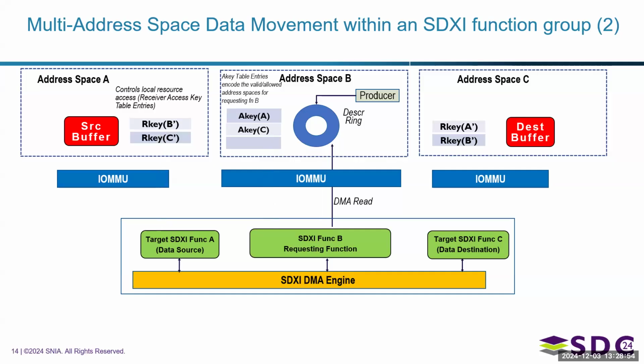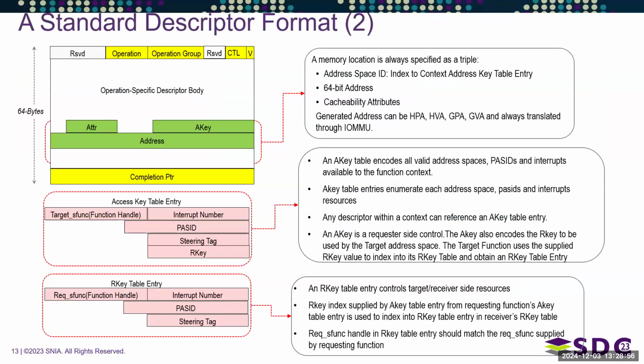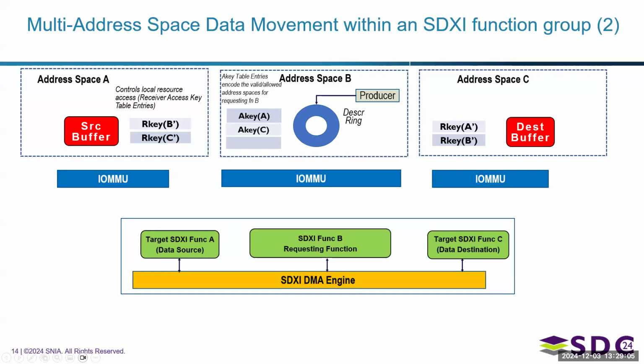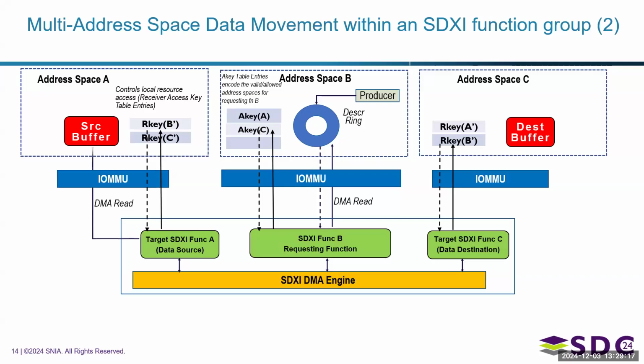In that RKey table entry, you will find that this function matches with the requesting function, and that's how you are allowed to use that address space. So now you can read from this address space, and then you can do the same thing on address space C as well. Now you have access to that address space too. You are doing a DMA read from this side and a DMA write into the other side.